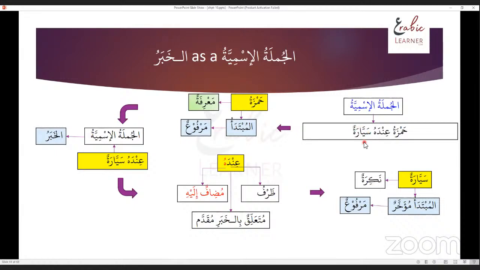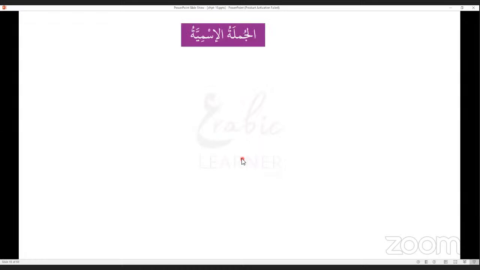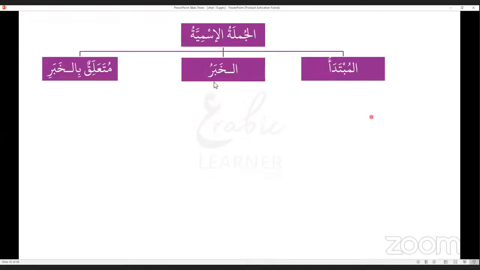Understood? The examples that we have taken earlier. Clear now? Okay. So I will go back to our slide. Jumla ismiyah consists of three parts.